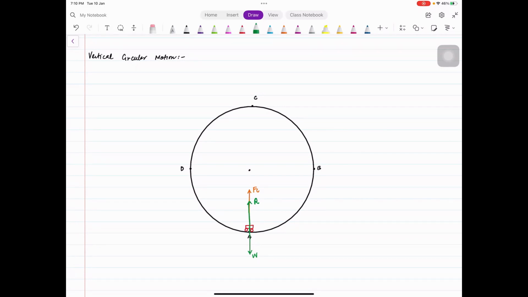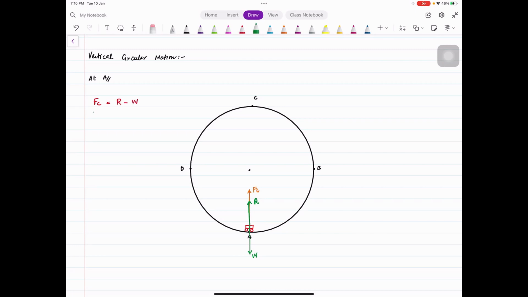And so we can say that at A, the centripetal force, which is the resultant force, Fc, has to be R minus W.